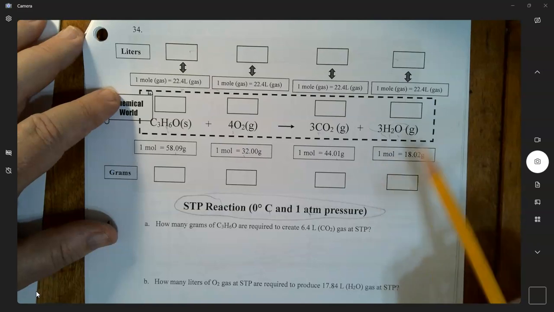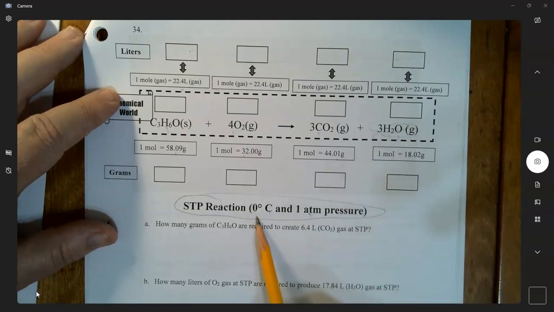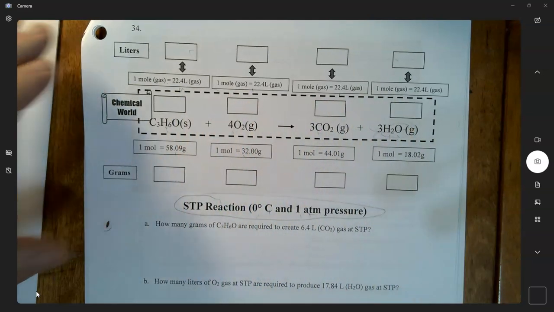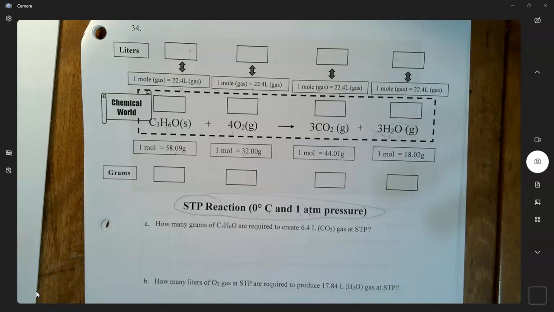So any gas at standard temperature and pressure is going to be 22.4 liters. That's a mole of gas, about 11 two-liter soda bottles.